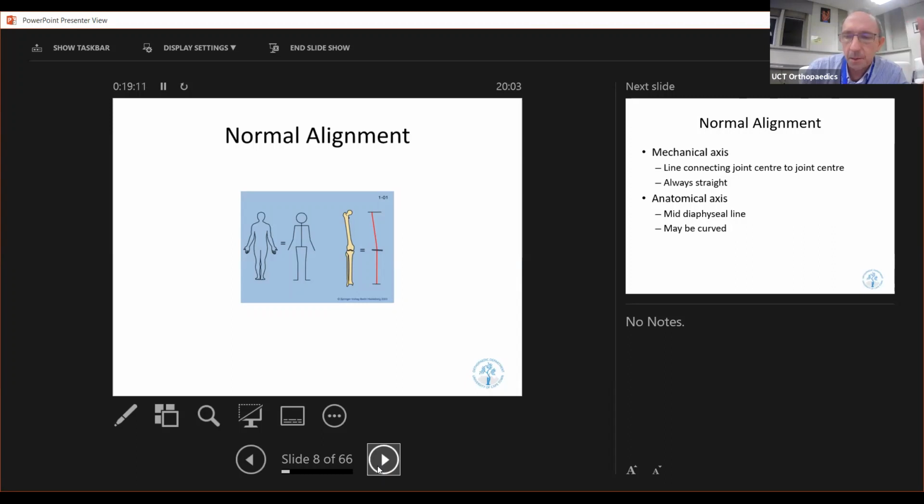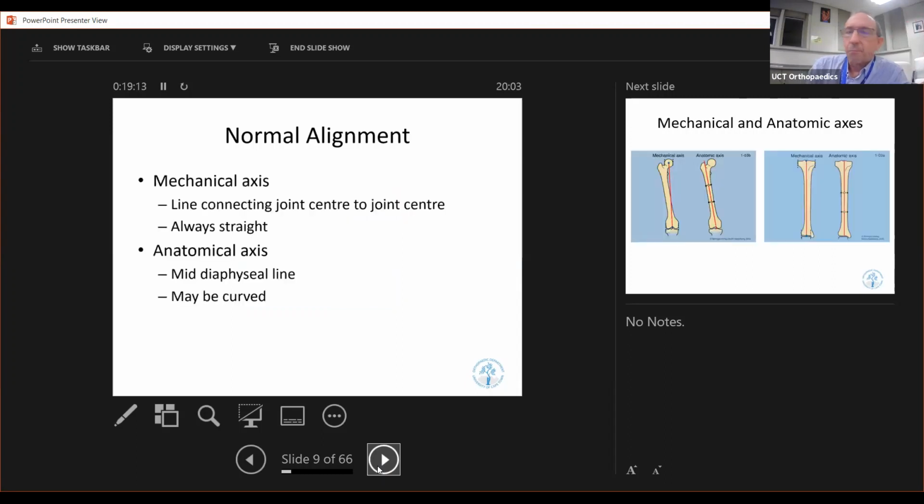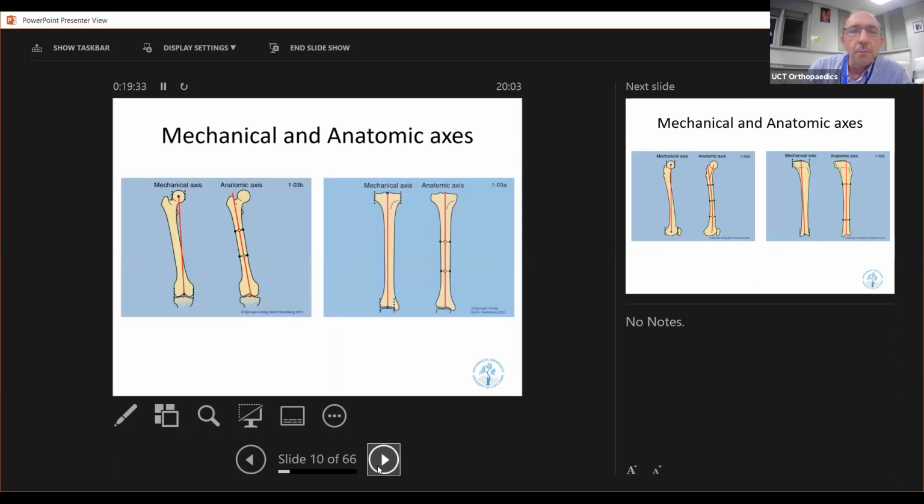Now, I'm going to just remind us about that here. Remember that a mechanical axis is a line connecting center joint to center joint. It's always a straight line, whereas an anatomic axis is a mid-diaphyseal line. And in the case of a lateral femur, for example, it may be curved, and it may differ from the mechanical axis, particularly in the femurs.